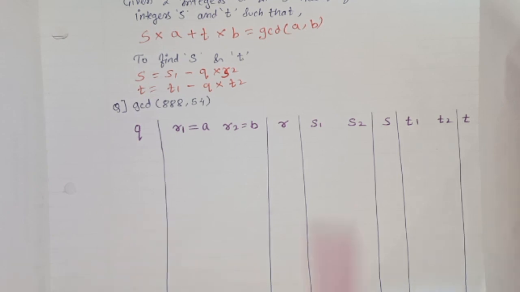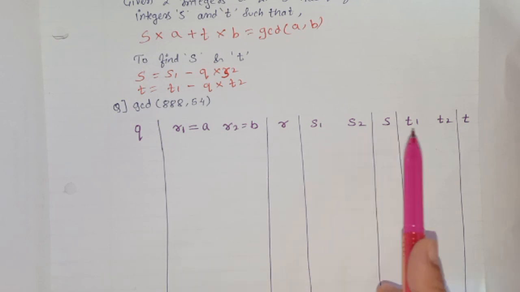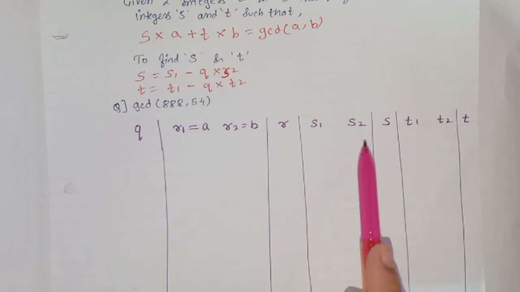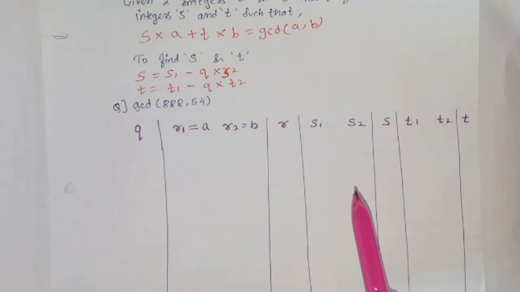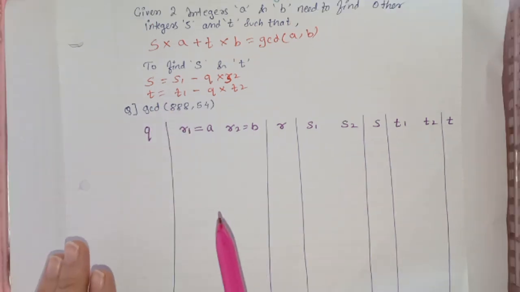So now let us see with an example how this algorithm works. Here we have made columns like Q, R1, R2, R. This part was the same as the Euclidean algorithm and this part is additional in the extended Euclidean algorithm. So this is S1, S2, T1, T2, S and T. This side's procedure is the same as we saw in the Euclidean algorithm.